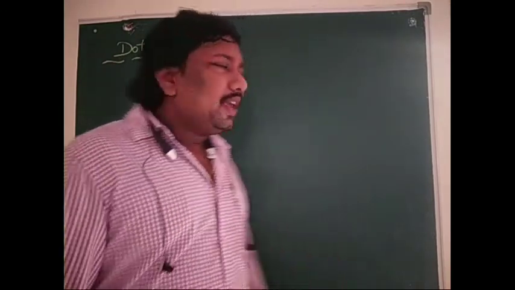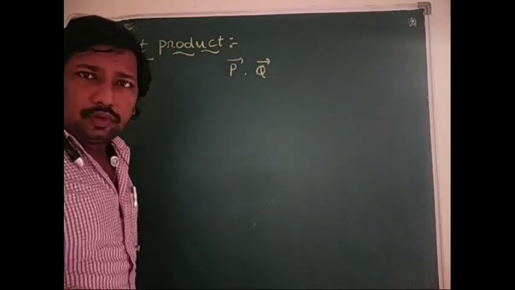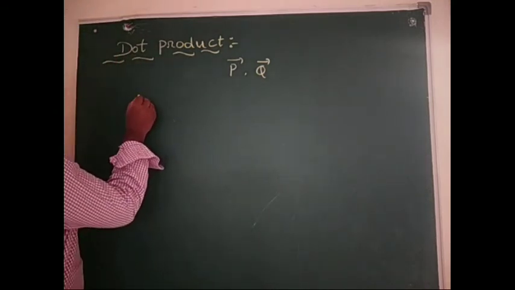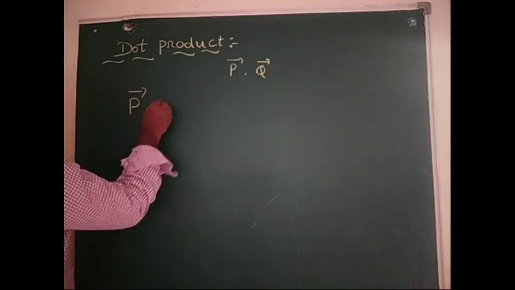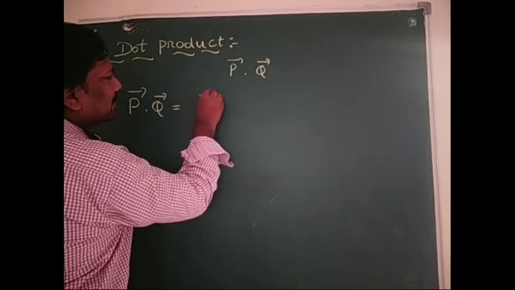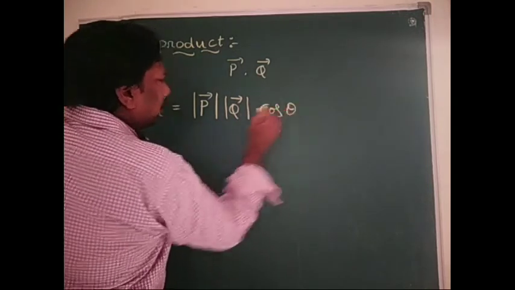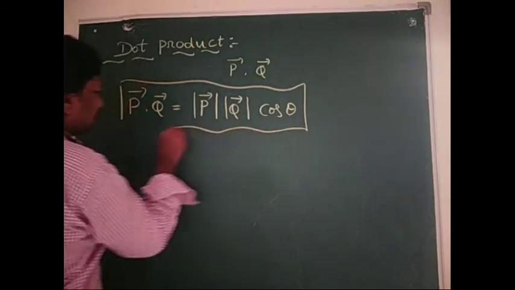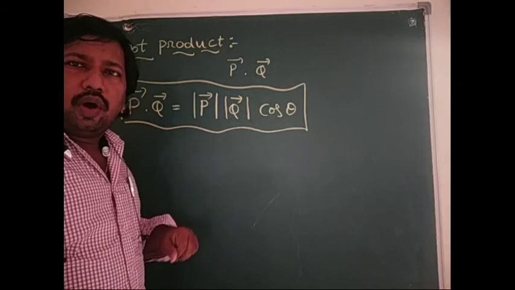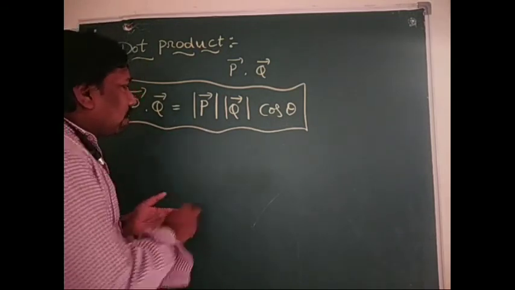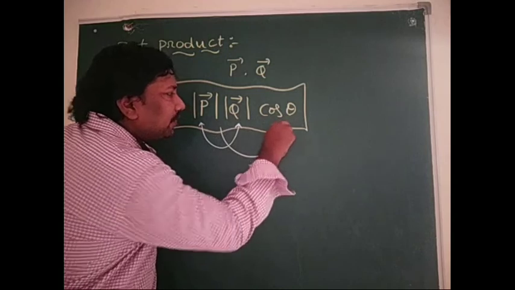Here p bar and q bar are the two vectors, then the dot product of p bar and q bar is p bar dot q bar equal to modulus of p bar and modulus of q bar into cos theta.